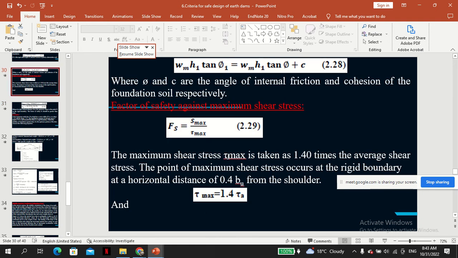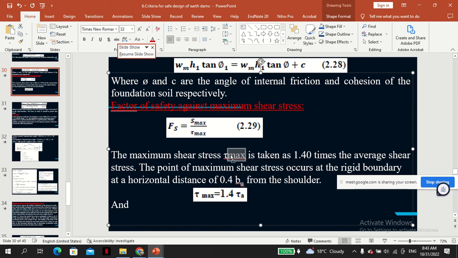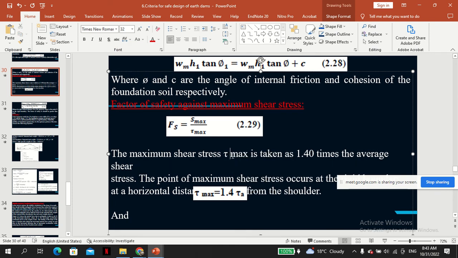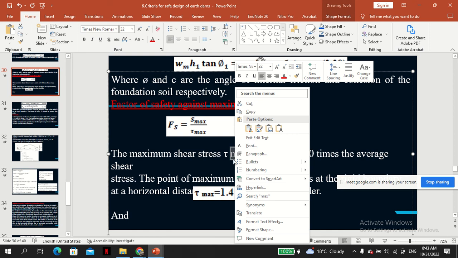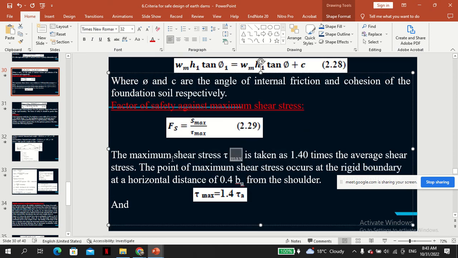Yeah, some typo here. This should be a subscript. Anyways, there will be some typo here.